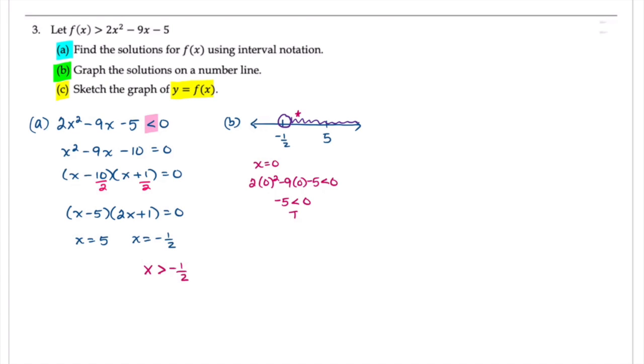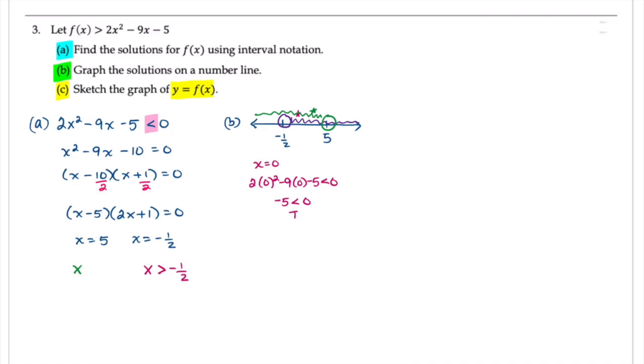Now for the number 5, I'm going to do the same thing. I am actually going to pick a point to the left. And if I just stop and think about this, a number to the left of this would be 0, and 0 does work out because we did test it out already, which means that 5 is not included, and all numbers to the left would be.